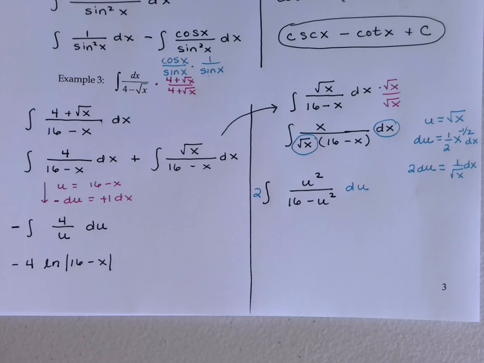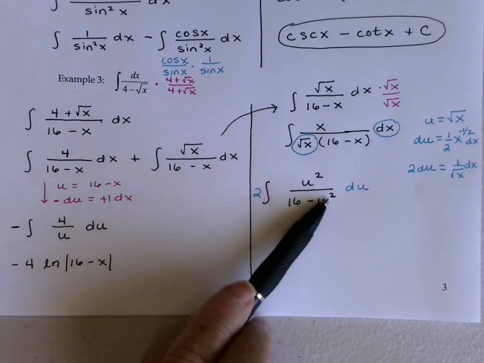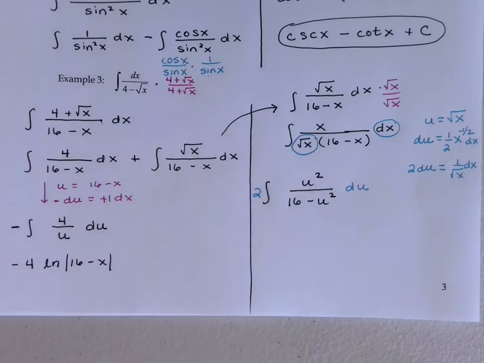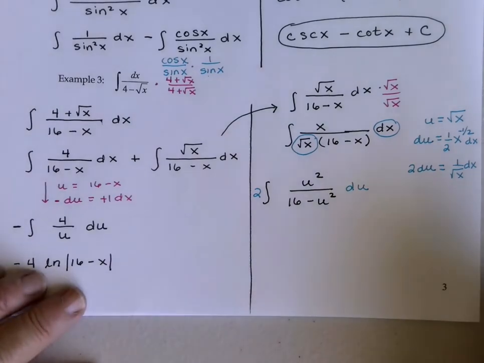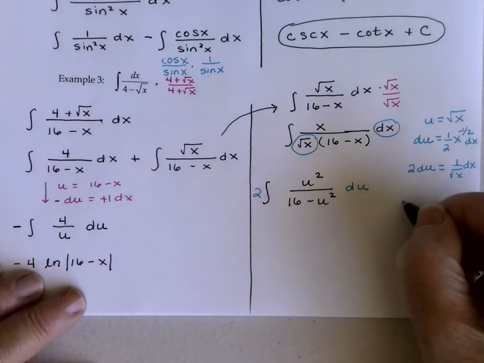All right, next step. Degree of my numerator is actually equal to the degree of the denominator, which is the other case where we typically do long division. So I'm using every trick at my disposal in this problem. Let's try it out. I'm going to do my long division over here.